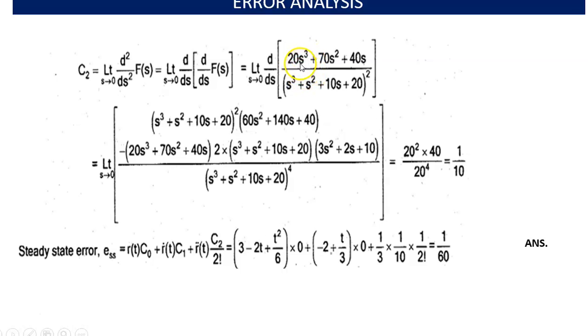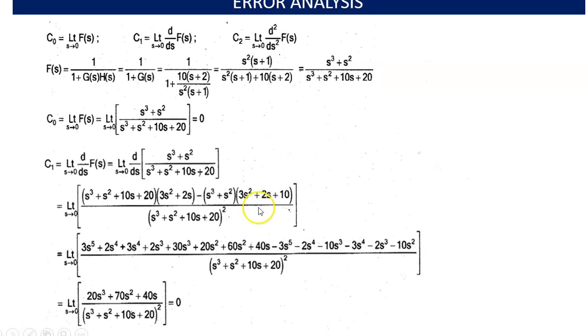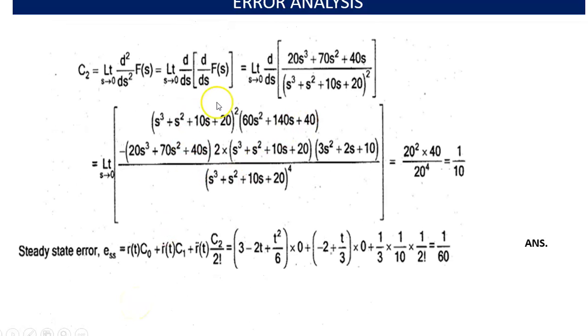Take that expression, 20 s cubed plus, that is from this expression. This is again a quotient, so again apply that particular formula, that is v into differential of the first minus first function into differential of the second divided by v squared. So you will get C2 is equal to 1 by 10.